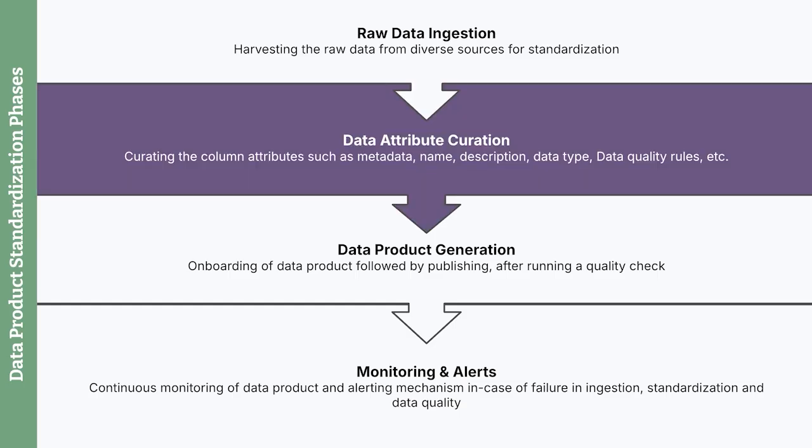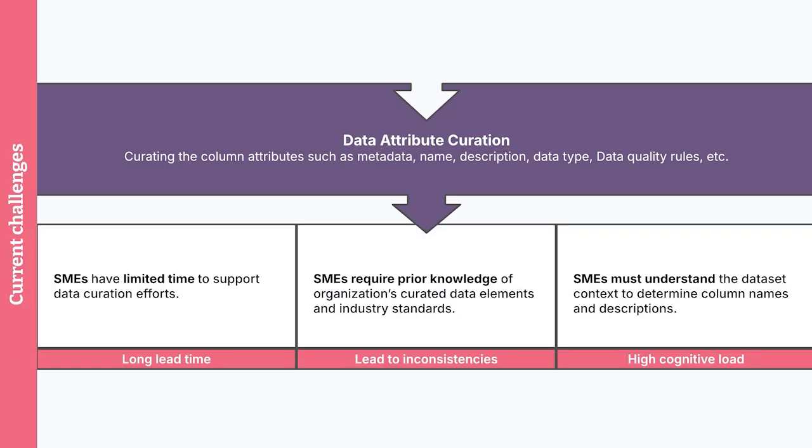The data attribute curation part is a very critical step, as this is where the DATSIS principles are followed. You make the data product self-describing, and you ensure trustability by coming up with data quality rules. But this is also the most time-consuming step. Generally, SMEs who support these initiatives have limited time for this because they have other critical deliverables to work on.